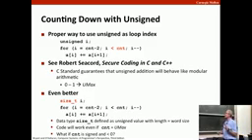And his observation is, in C, with signed numbers, there's no guarantee on what happens with overflow. As I said, most people just assume it's going to be 2's complement. But if you really want to be careful, you shouldn't assume anything outside of the C standard. And if you're trying to write secure code, it's probably a good idea to be cautious, be conservative. On the other hand, the C standard guarantees that unsigned arithmetic will be modular arithmetic. So it guarantees that if you subtract 1 from 0, you'll get the largest number that could be represented.